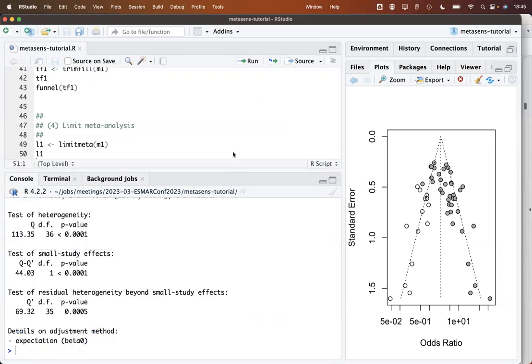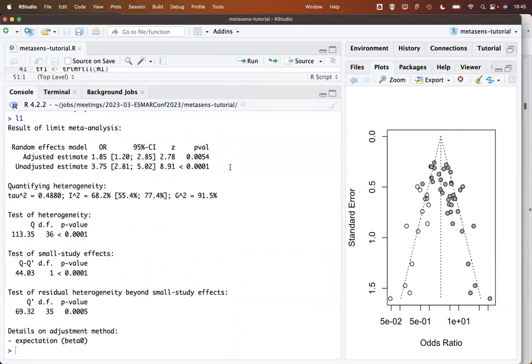And in the printout, here's the full printout of a limit meta-analysis. We see that we get both the unadjusted estimate, that's just the same as we had before, and the adjusted estimate, which is very much decreased, down to 0.85.